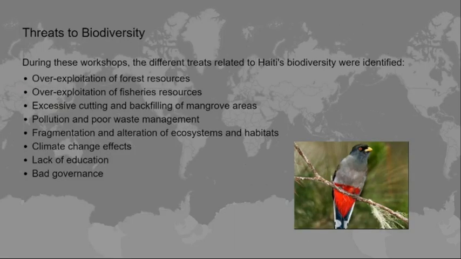During this workshop, many different threats were identified by the stakeholders. These threats are over-exploitation of forest resources, over-exploitation of fishery resources, excessive cutting and backfilling of mangrove areas, pollution and poor waste management, fragmentation and alteration of ecosystems and habitats, climate change effects, lack of education.